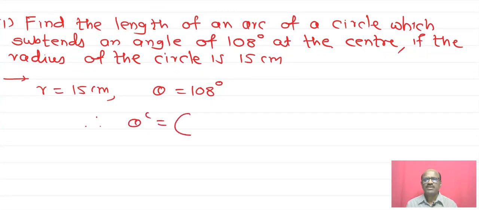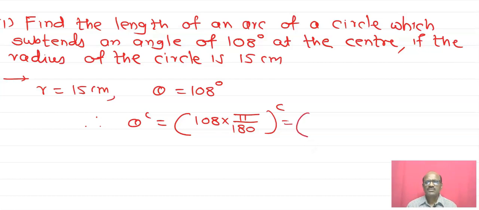Therefore, convert it into radian, that is 108 into pi upon 180 radian, that is equal to 3 pi by 5 radian.